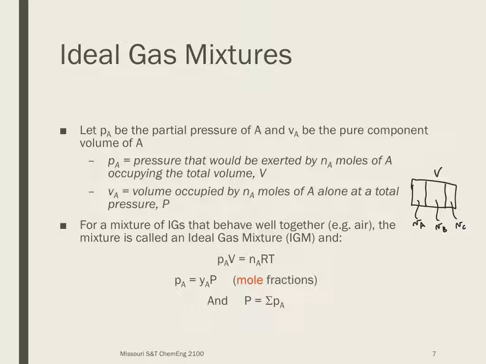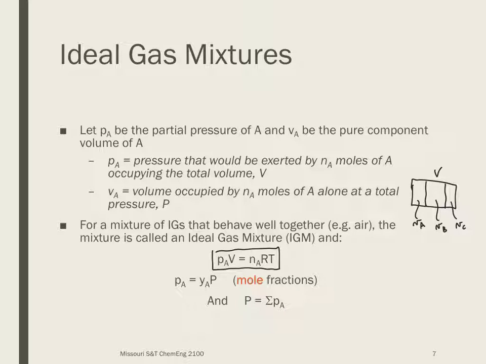In that particular case, we can use an adaptation of the ideal gas law that says that the partial pressure times the volume is the number of moles of just that one substance times R times the temperature. Now the partial pressure is the mole fraction times P in this case. And so for mole fractions, partial pressure is the mole fraction times pressure.